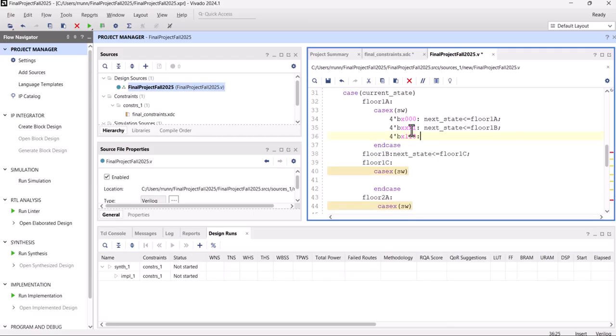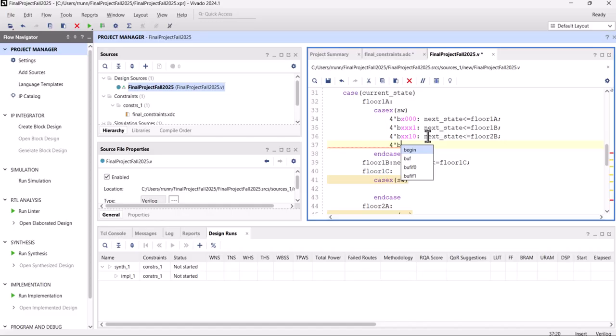We don't care if floor 3 is selected or not. If floor 2 is selected and floor 1 is not, our next state is floor 2B. And then we said if floor 3 is selected and floor 1 and 2 is not, then we said that we would go to floor 2A.